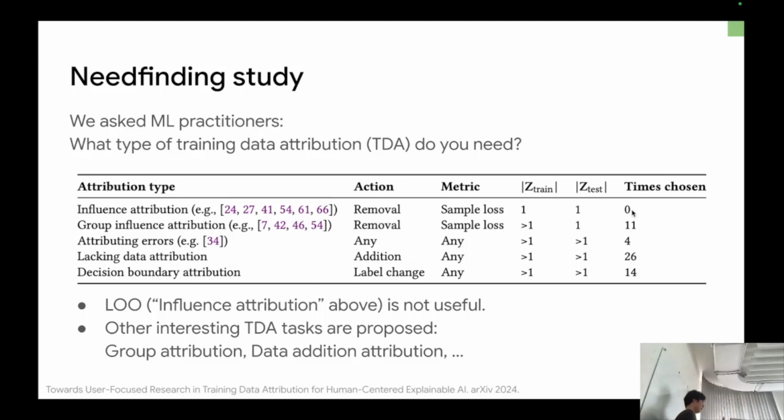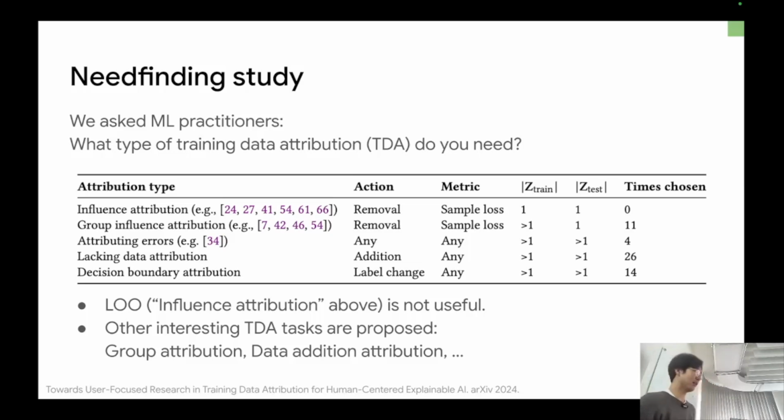In one case, you can remove several samples in the training set and see what happens on a single test sample. In the other case, we asked whether they find it useful to remove multiple samples in the training set and look at their impact on multiple test samples. So, more many-to-many cases.